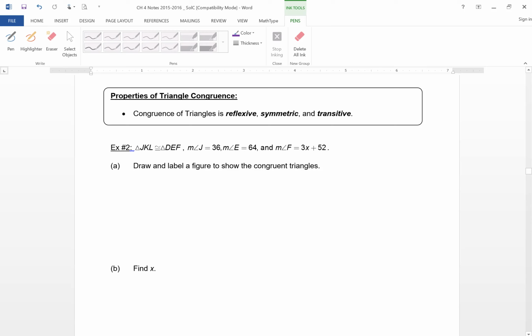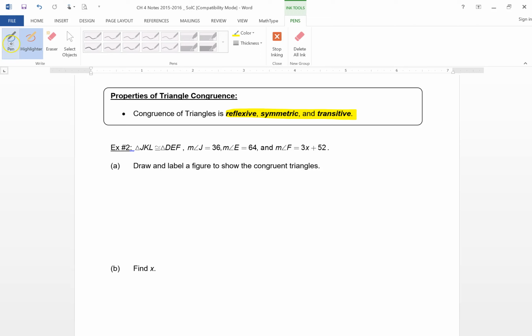Okay, so congruence of triangles is reflexive, symmetric, and transitive. Meaning, just like with segments, we can say if segment AB is congruent to segment BC, right, then segment BC is congruent to AC. The same thing applies to triangles.